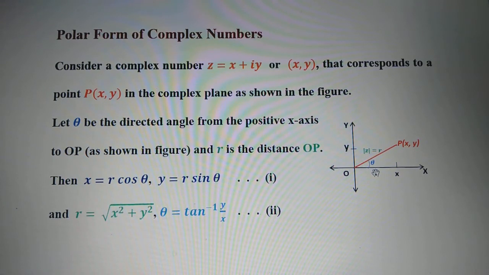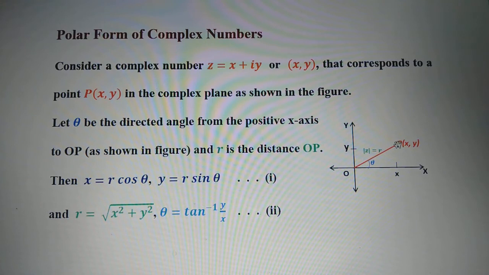From that triangle we have x equal to r cos theta and y equal to r sin theta. Because, taking the perpendicular from P on the x-axis at A, OAP is a right angle triangle, and OP is the hypotenuse.